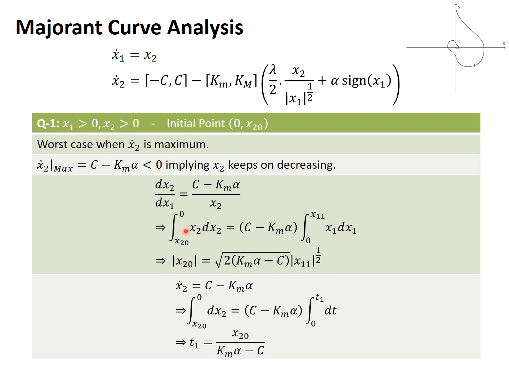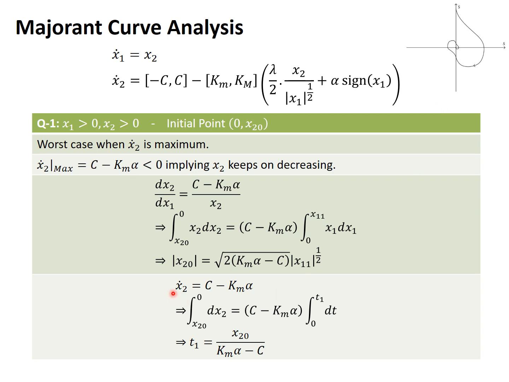We get this relationship out of the integration, when you take into consideration that this part is negative. Also, we need to find out the time it takes to come from this point to this point.